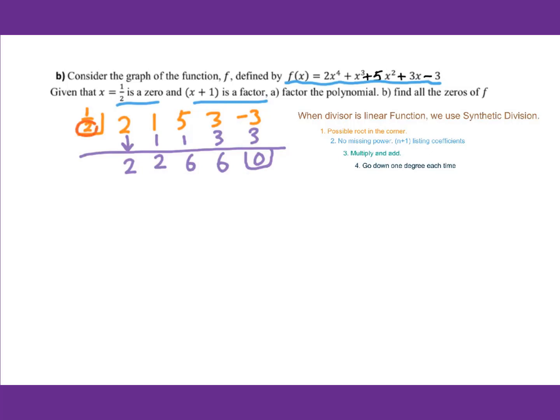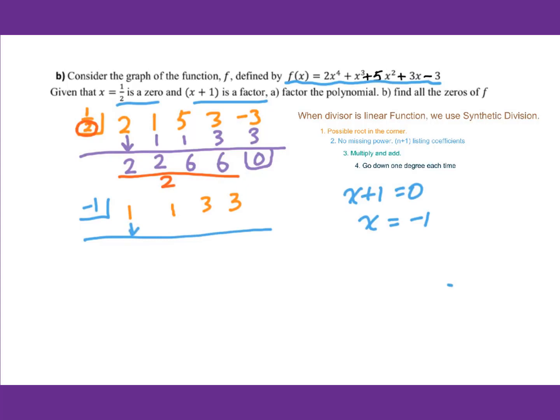Then check the root in the corner. Do you have a denominator? If you do have a denominator, you need to divide by the denominator first. So we got 1, 1, 3, 3. Then go to the next root. x plus 1 is a factor. We've solved for root x equals -1. So we got -1. Get 1.